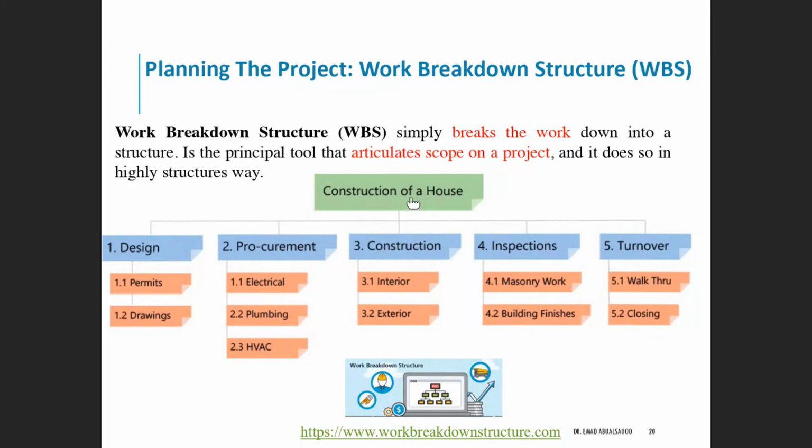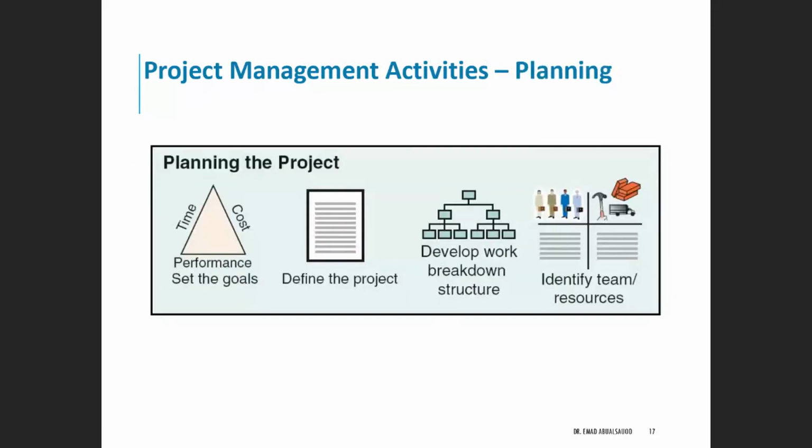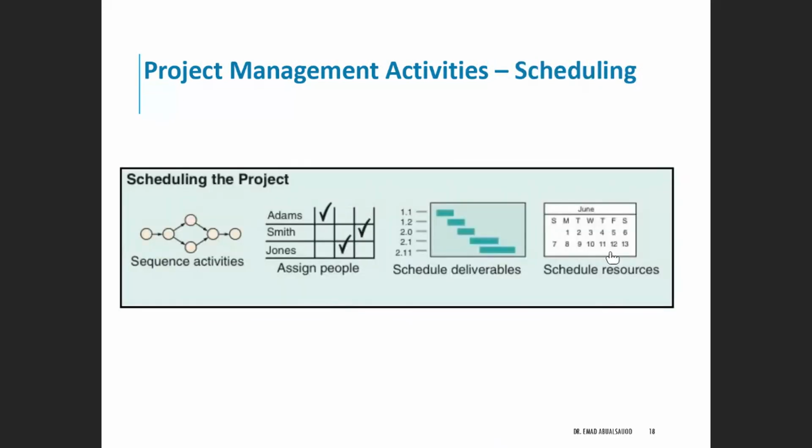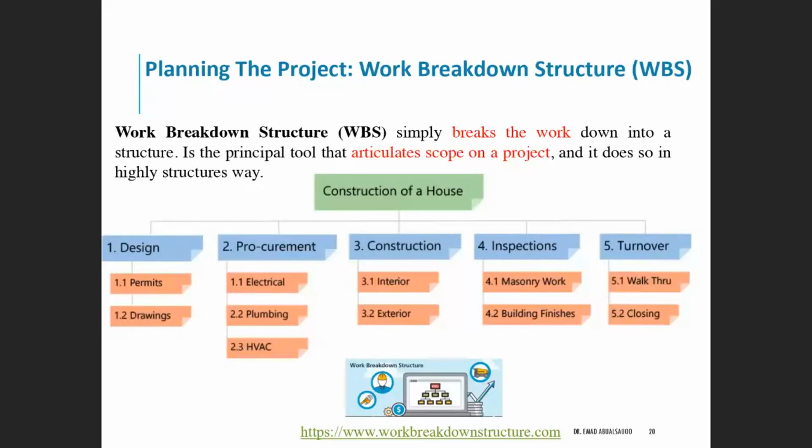Like here, the construction of the house, and the proper way to plan projects is to develop your work breakdown structure before you start thinking about which one depends on the other, which one is a sequence of the other activity. So when we start this, as you saw here in the planning, we do the work breakdown structure before we start doing the scheduling and deciding the sequence of the activities and which ones need to be completed before the others.